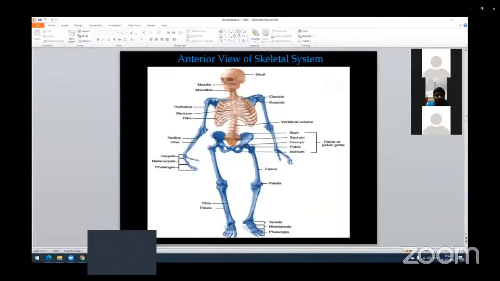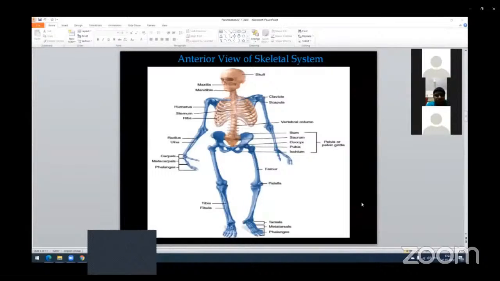Next you can see the carpal bones, which are located in your wrist joints. Then the metacarpals are just below the wrist bones and above your fingers. Then the phalanges are nothing but your fingers.